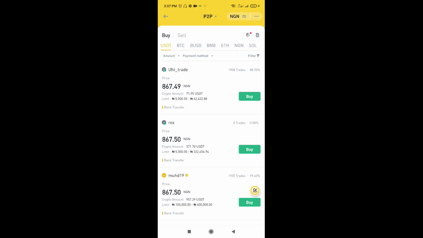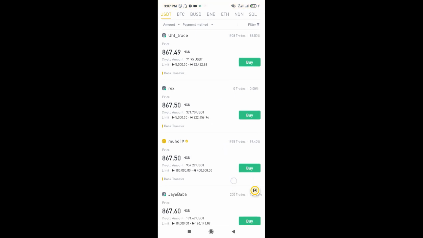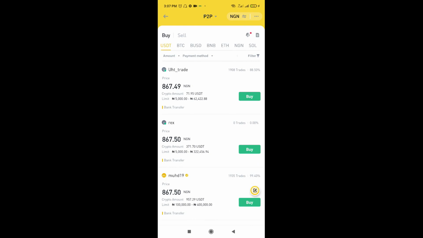Right now, take for instance, 2 weeks ago Naira to dollar was trading around 700 Naira, and today it is already trading around 867 Naira. Right now, what does this show you?